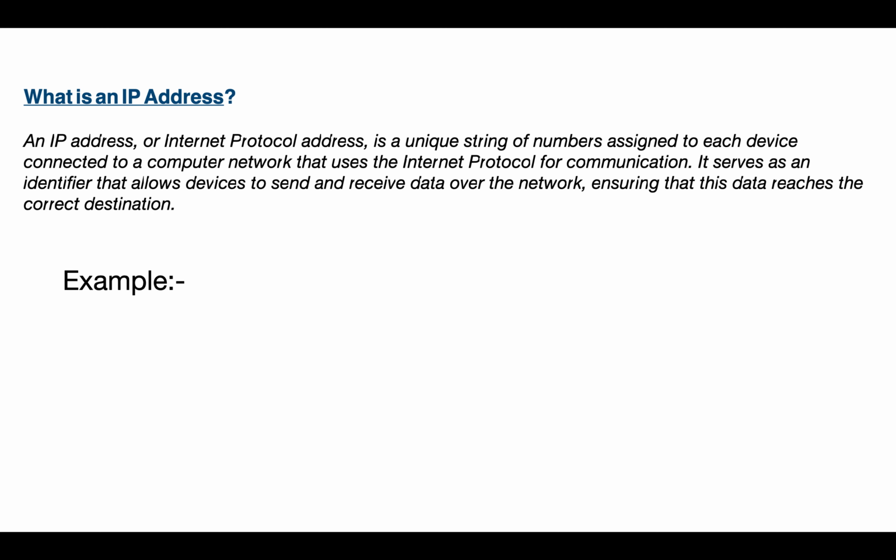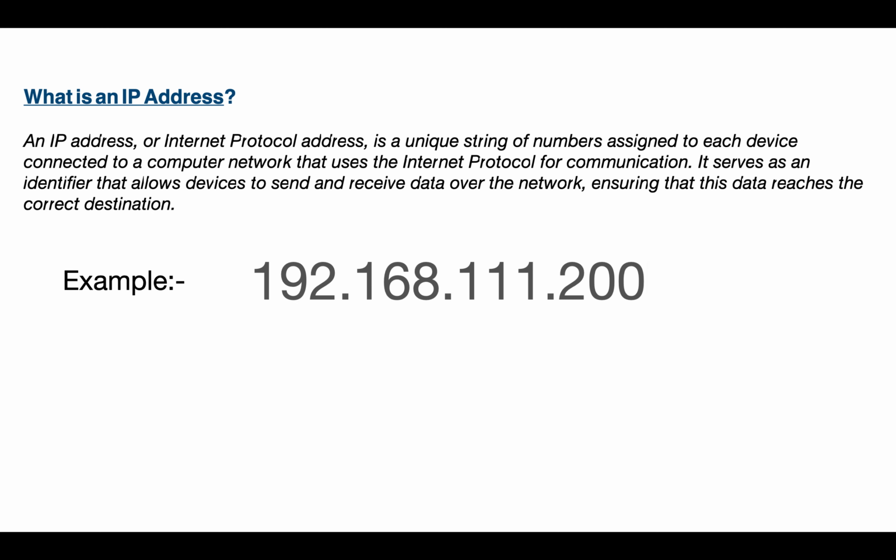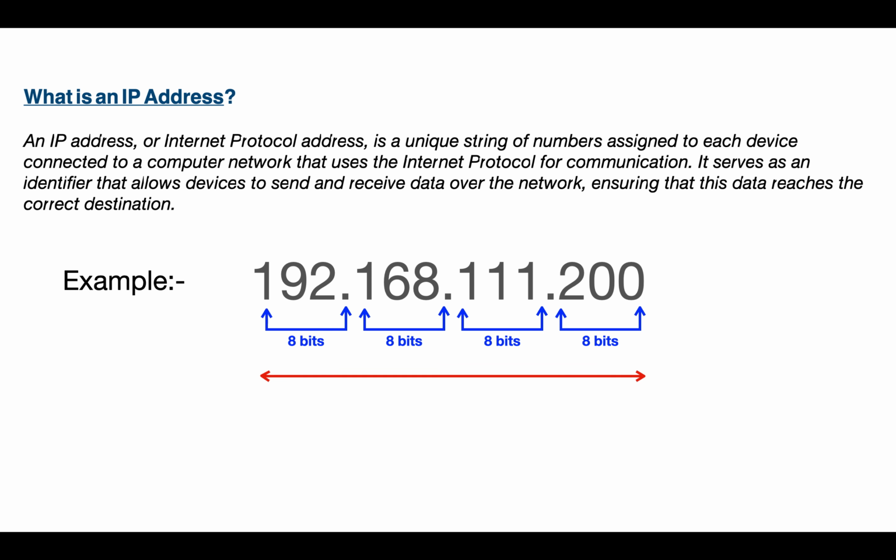It looks something like this: 192.168.111.200. It is divided into four equal parts. Each part has a length of 8 bits. Thus the complete address is 32 bits altogether.